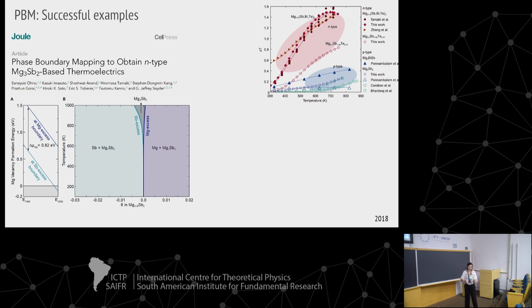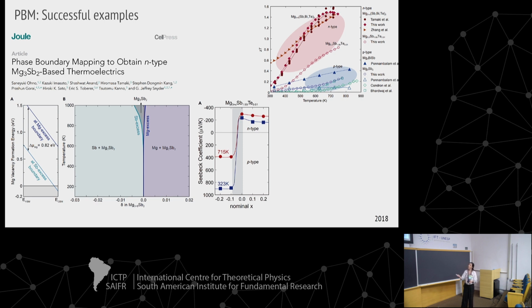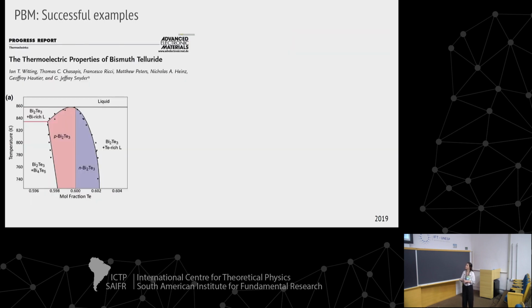And combining DFT and this approach, they were able to access this second thermodynamic state, which is the manganese-rich region, and then increase the formation energy of these defects, and then with some extrinsic dopants, achieve n-type conductivity in this material. And you can see also how we can change the Seebeck coefficient when we explore these different thermodynamic environments.